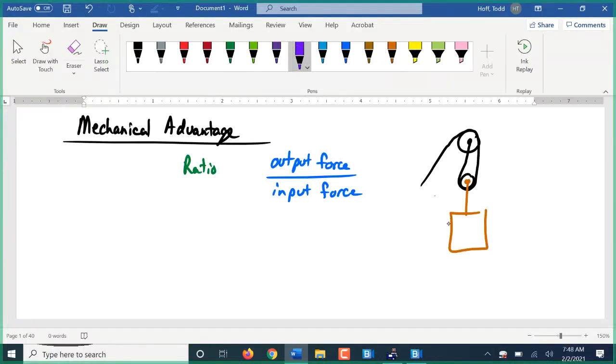Let's say that this weight that we're trying to lift is 100 pounds. When you pull on the rope, you're only going to have to pull with about 50 pounds of force. Slightly more than that because there's going to be a little bit of friction in the pulleys, depending on how easily the pulleys turn.